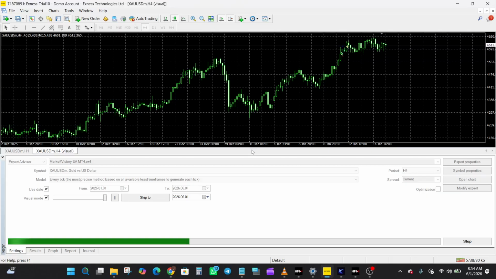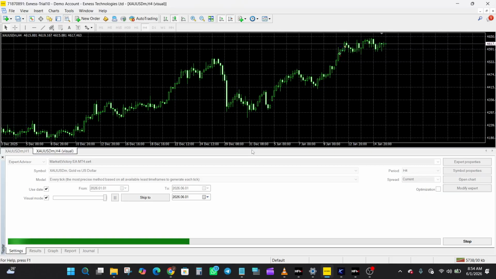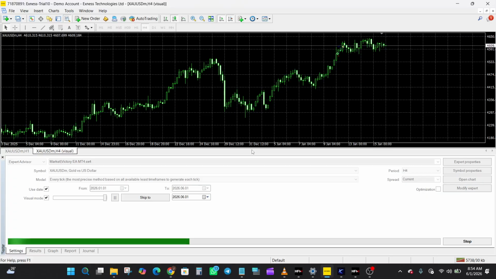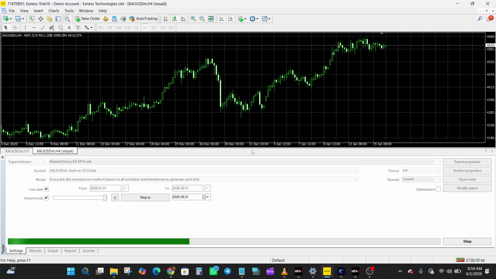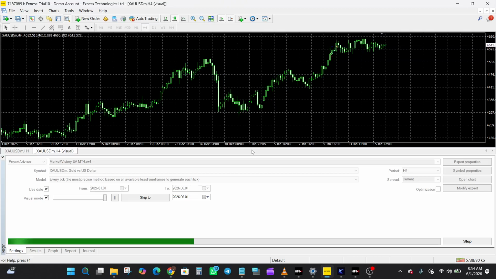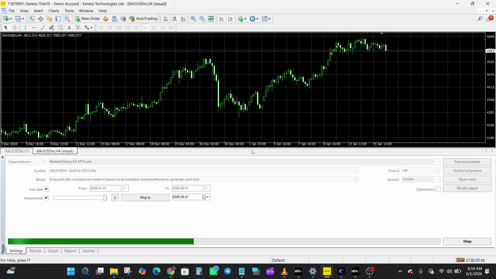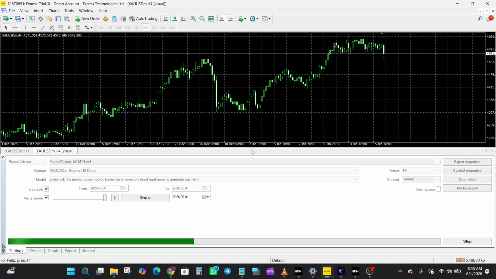Okay, so overall, the Victory EA for MT5 presents itself as a gold-focused trend-following expert advisor that is designed specifically for the H4 timeframe. The developer provides clear information regarding the recommended market, risk settings, testing methodology, and all of that, right? Which helps create a more transparent evaluation process.